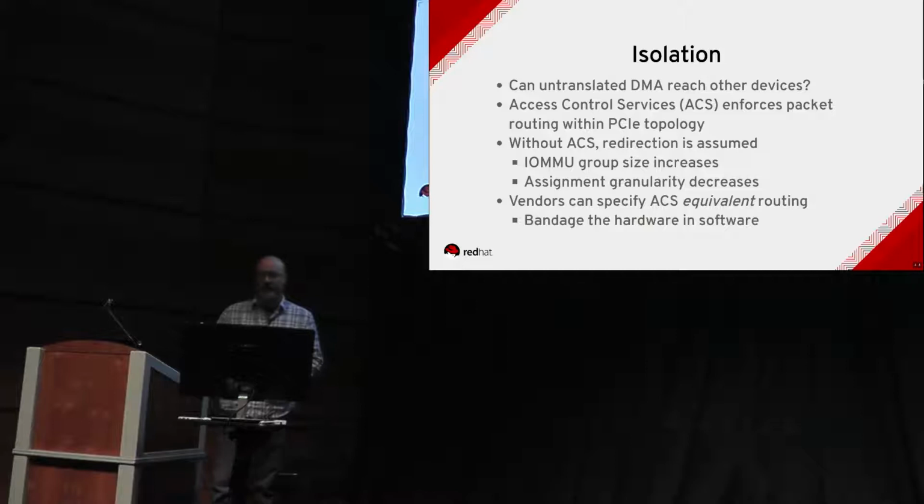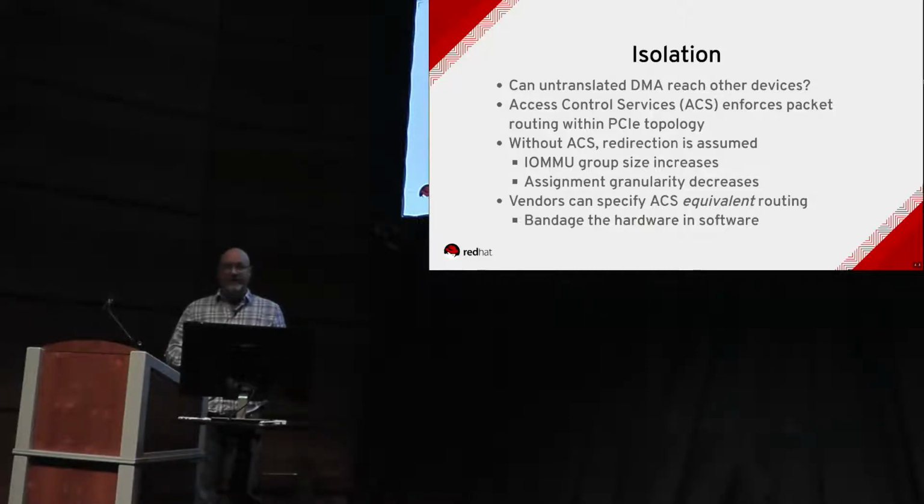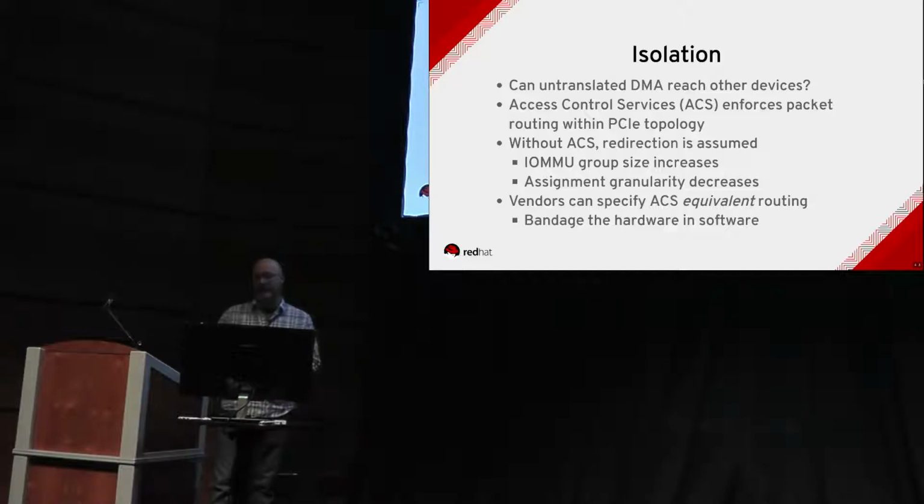So whenever we don't have ACS, we assume that redirection is possible. Not having ACS doesn't necessarily mean that peer-to-peer happens, but without ACS, we have no indication that it doesn't.